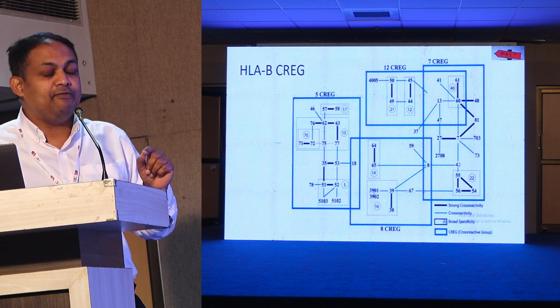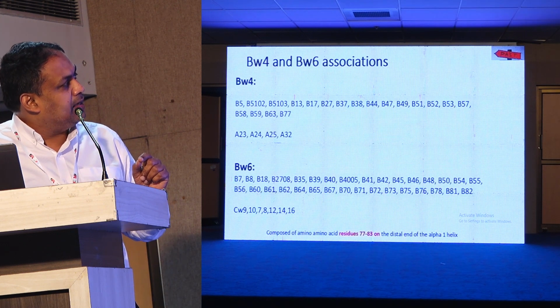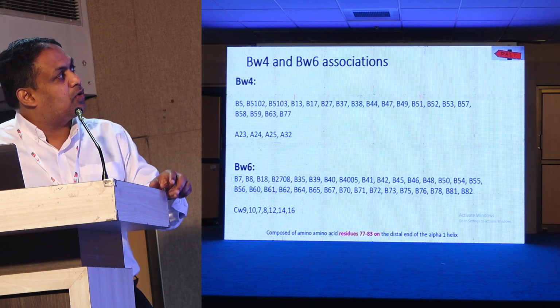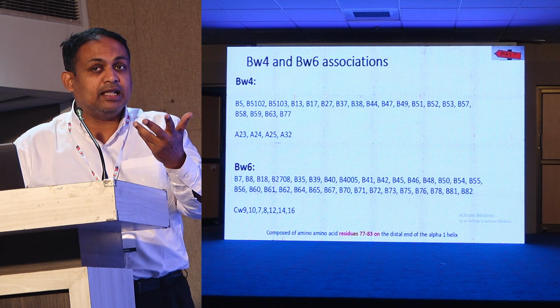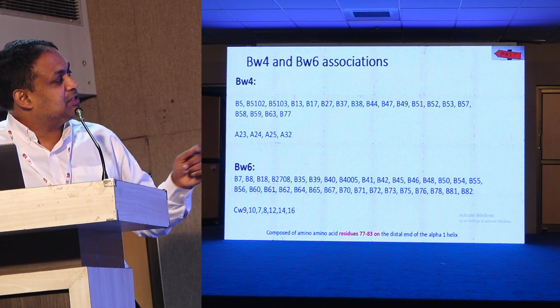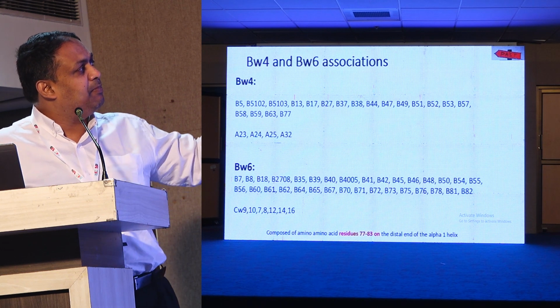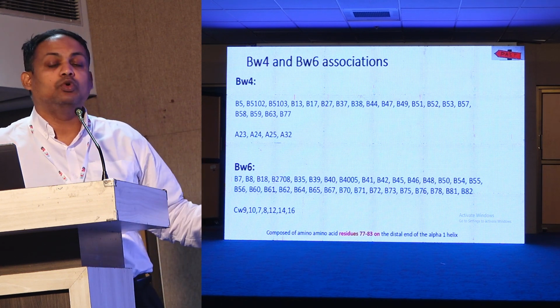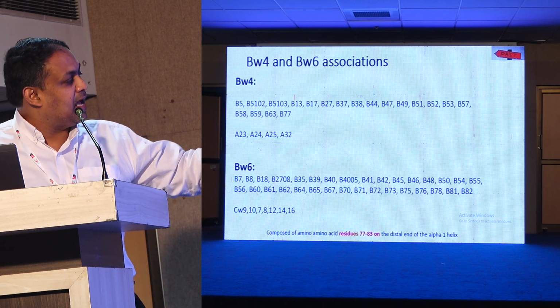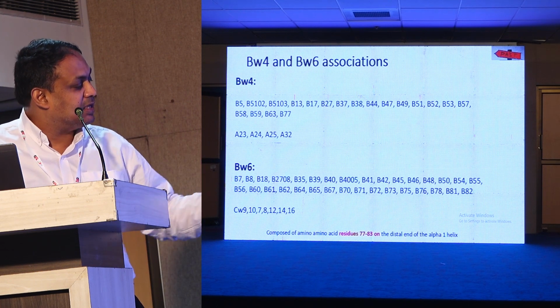Similarly, you have a B CREG, and this BW4 and BW6 is nothing but another public epitope. All B antigens, HLA-B, will have either a BW4 or a BW6 epitope, and certain A's have BW4 and certain C's have BW6.